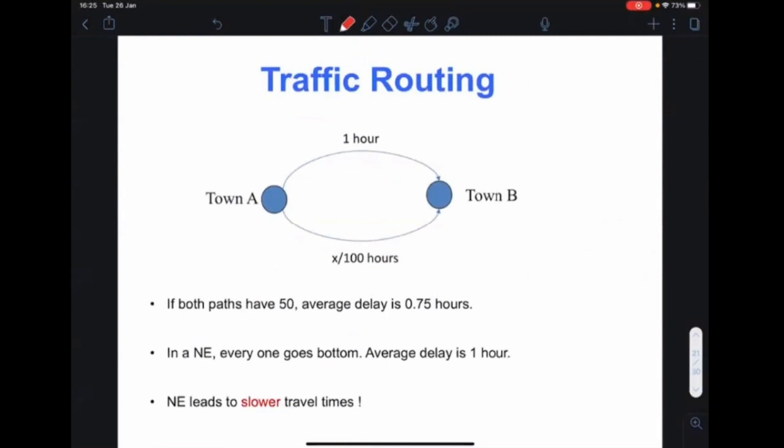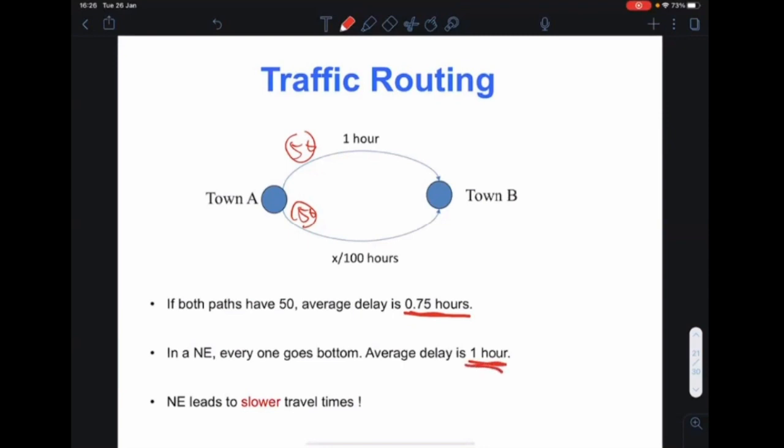As I said, if you split 50-50, then your total delay would be 0.75 hours. With 50 drivers on each route, the average delay is 0.75. But interestingly, the Nash equilibrium is not the best, right? In Nash equilibrium, the average delay is 1 hour.